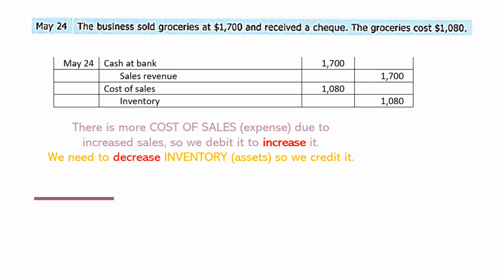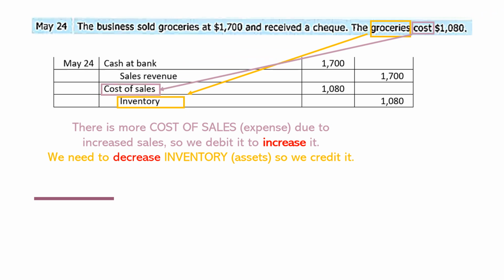All right, moving on, we have the second sentence here. The groceries cost $1,080, which we have not yet dealt with. So the two keywords that we're looking at would be groceries and cost. So from the word cost, I think you can kind of guess the idea. And groceries is the concept of inventory, right?